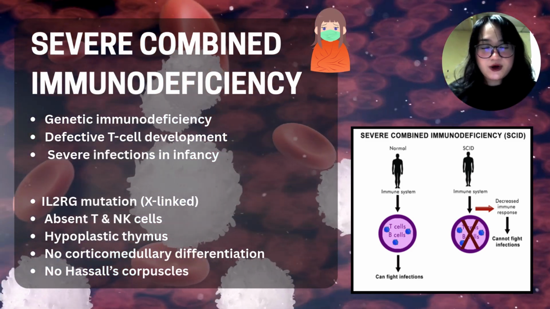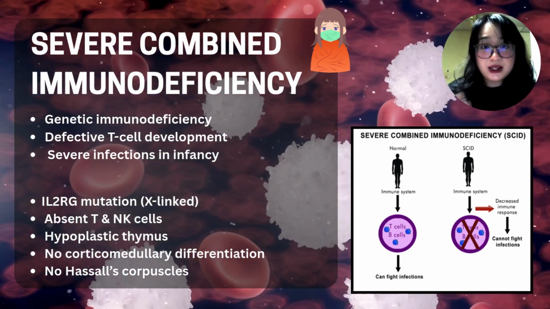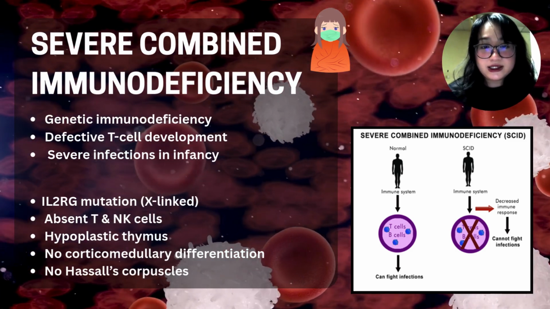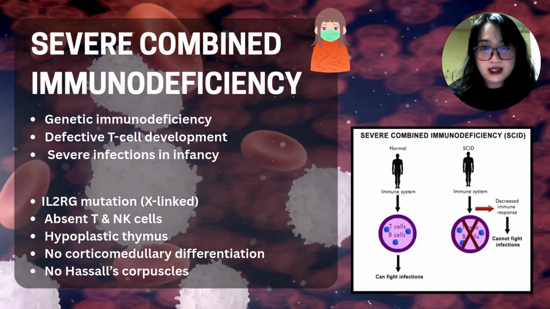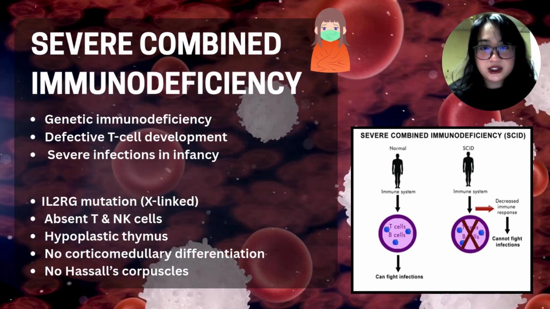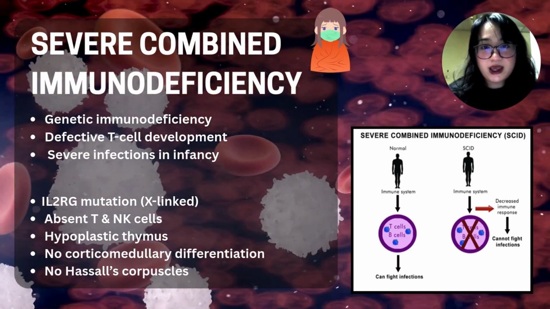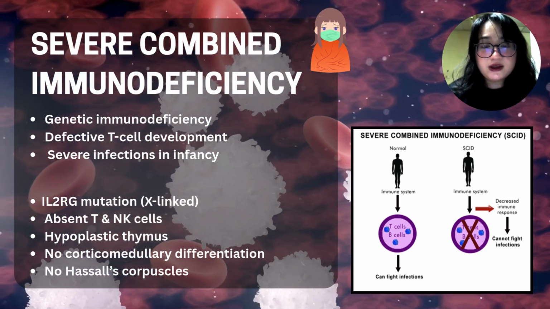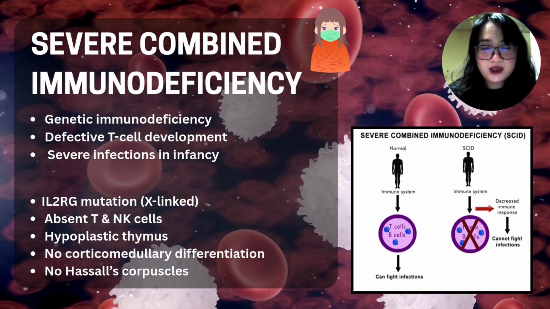So, the importance of the immune system can be clearly seen in diseases such as severe combined immunodeficiency or SCID, which is a rare genetic disorder characterized by a severely defective immune system.